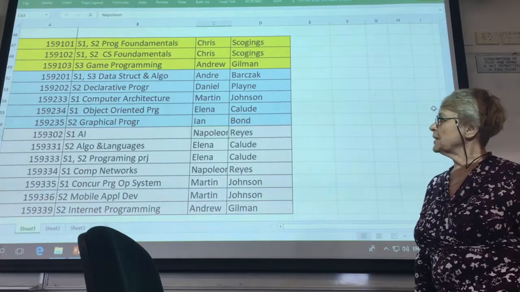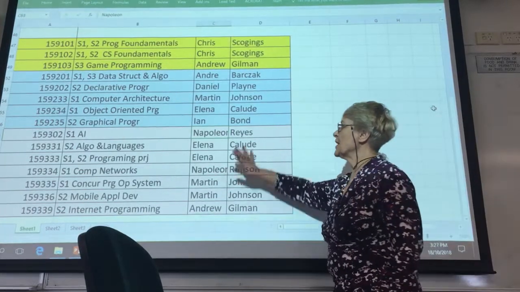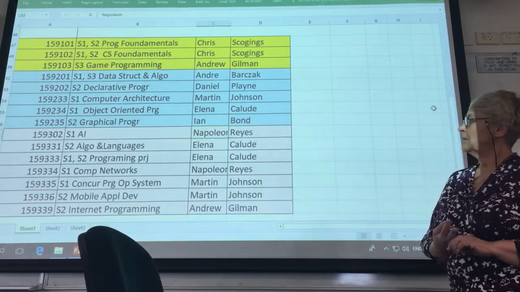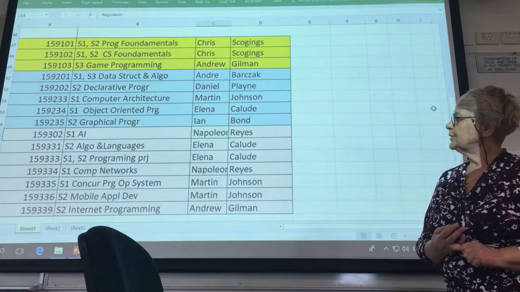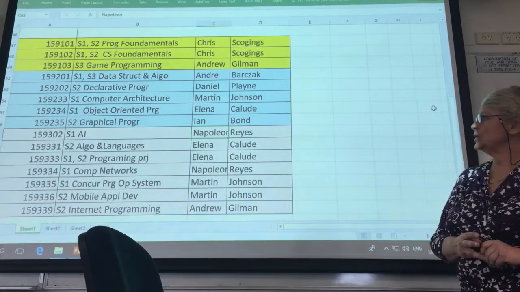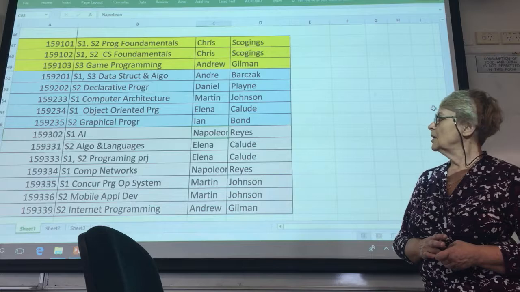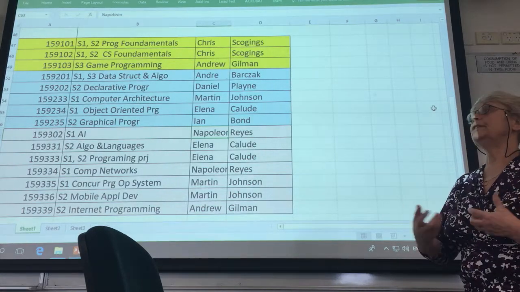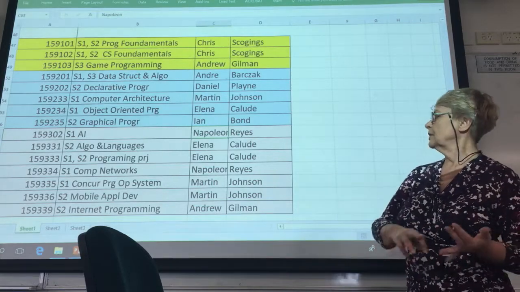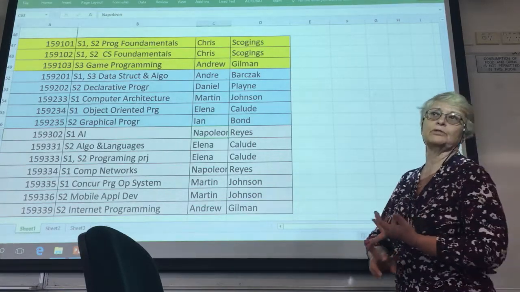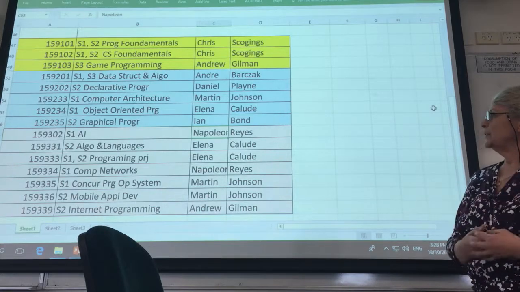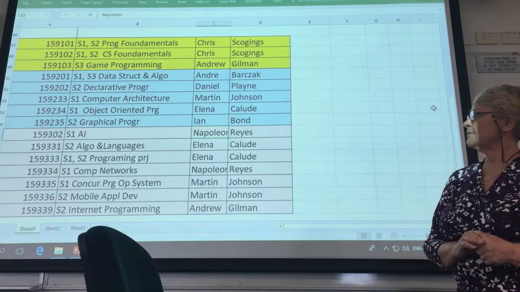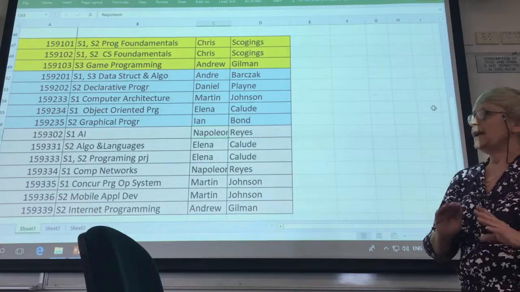And then stage 3, semester 1, artificial intelligence. This is the classical Napoleon Rice course. I will teach algorithm and languages in semester 2, which compares a little bit different methodology, object-oriented versus functional versus structured programming, and looks a little bit at how to assess algorithms, a little bit more detail about this.